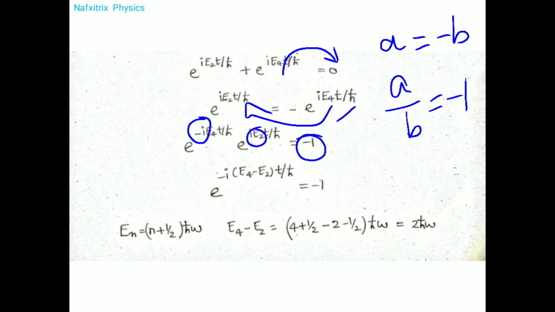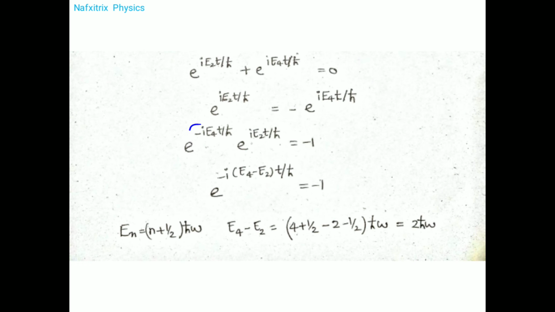This is of the form a^m into a^n, which is a^(m+n). So e^(-i(E4 - E2)t/ħ). If we take minus i common, E4 would remain, and from the other term, minus into minus is plus, so E2 would be E4 minus E2 t by ħ.